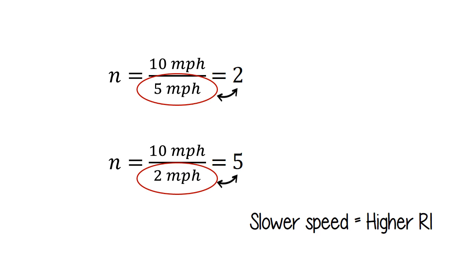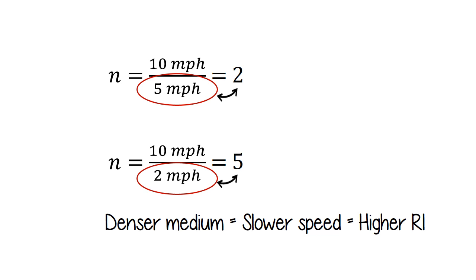Okay, next, and this is just common sense, what would make the speed slower? I said the fastest thing that we know of is the speed of light in a vacuum, and I said that's because there is no substance in a vacuum to slow it down. So basically, the more substance, the denser, the slower it's going to be. Think of this: if you're walking through air, there's not a lot to slow you down, so you can walk pretty fast.